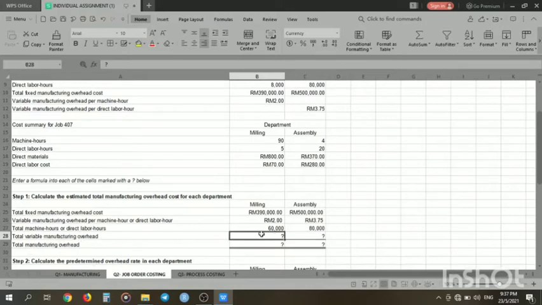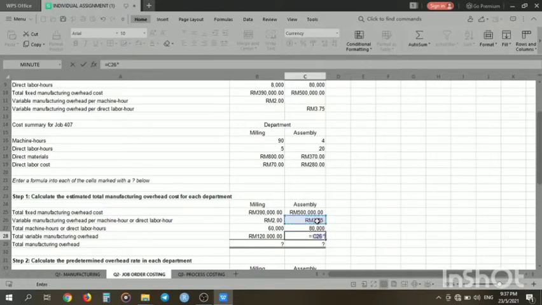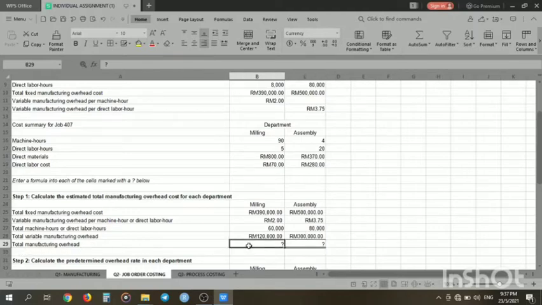For total variable manufacturing overhead, the variable manufacturing overhead per machine hour or direct labor hour is multiplied by the total machine hours or direct labor hours. And the total manufacturing overhead for milling is the total fixed manufacturing overhead costs plus the total variable manufacturing overhead.